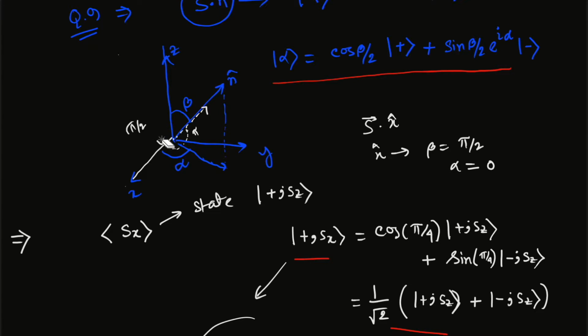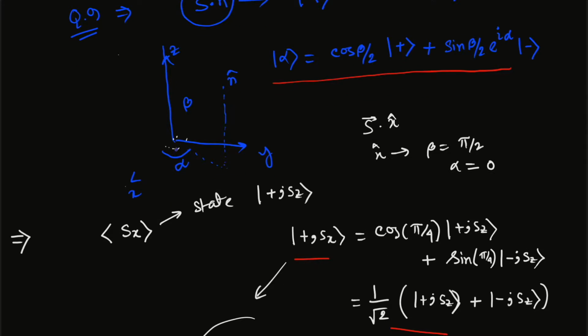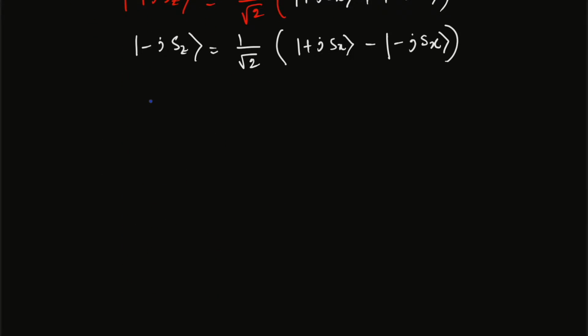For Sy, that means y cap makes an angle pi by 2 with z, and y also makes an angle alpha equal to pi by 2. So for y cap, alpha is equal to pi by 2 and beta also is equal to pi by 2.